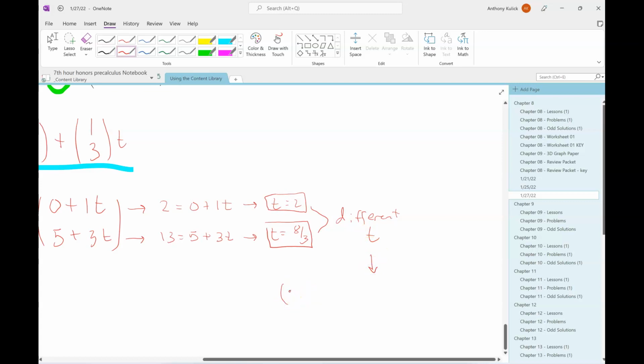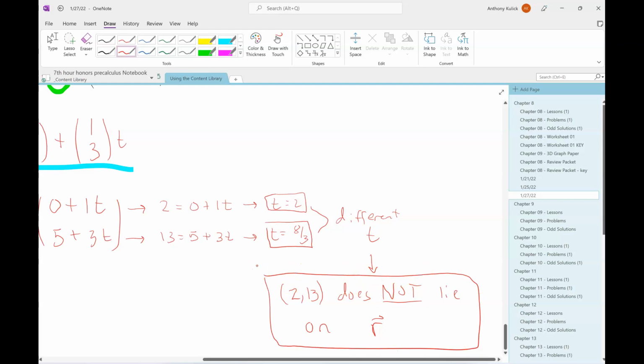So what does that tell me then? That the point does not lie on our vector line equation. If they were the same t, then it does. Basically all we're doing is seeing if there's a t that can generate that point, right? If I solve each coordinate for the t that I need, they best be the same t if that point can be generated, right?